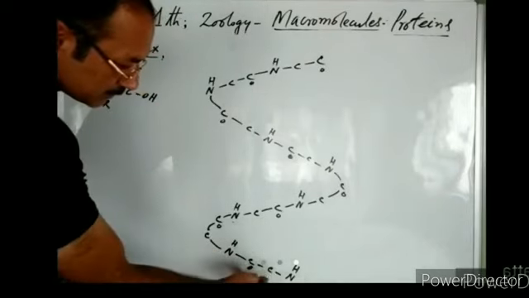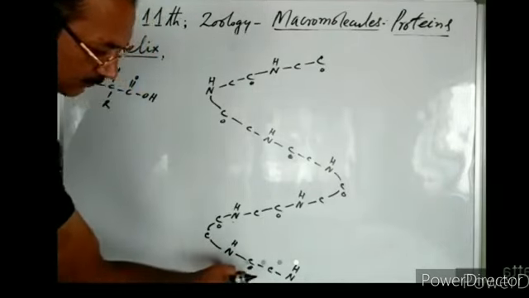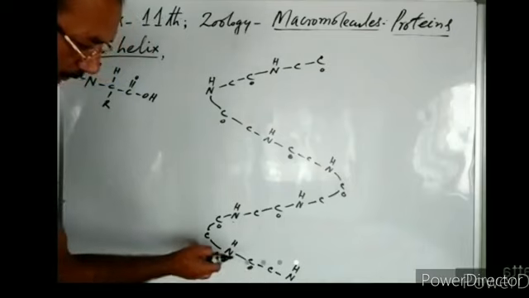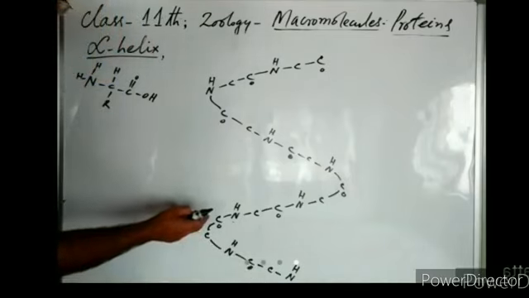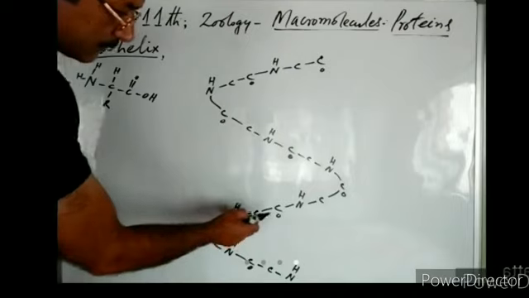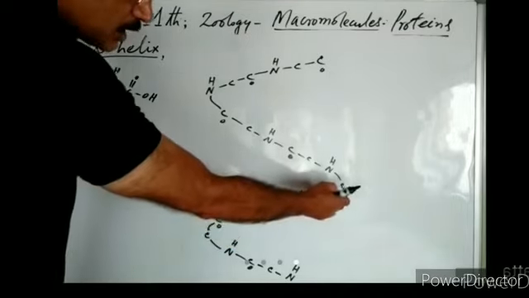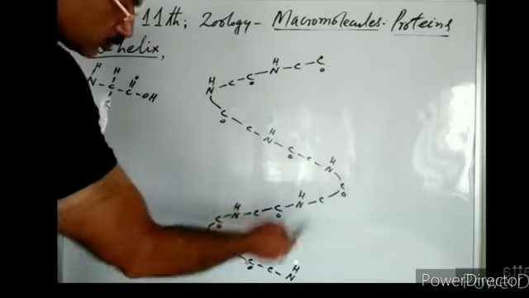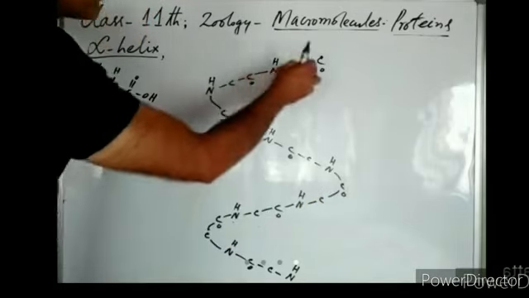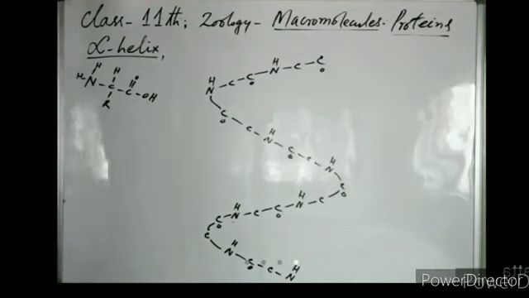So this is the amino group, this is carbon, this is carboxyl group, one amino acid. Amino group, carbon, carboxyl group, another amino acid. In this way, many amino acids combine and they form a polypeptide chain.